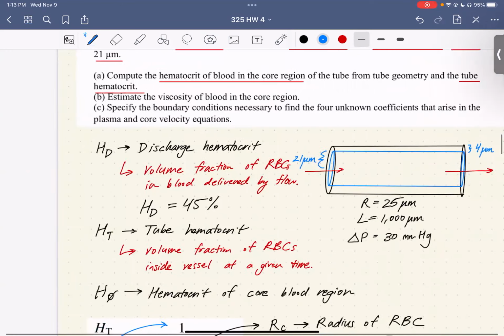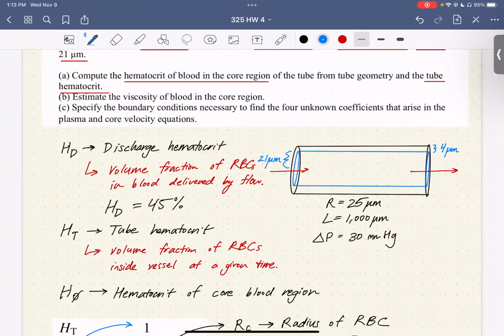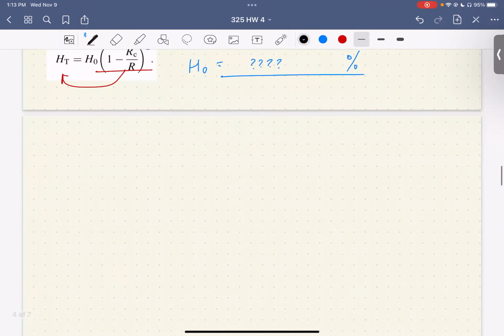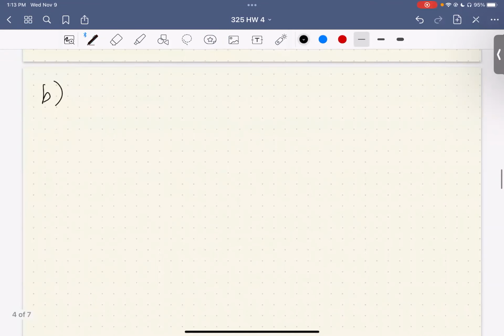Great, so let's move on to part 2, part B. Actually, let me write this out, part A. And then B, it's asking us to estimate the viscosity of blood in the core region. Great, so let's keep going. We have to find the viscosity.